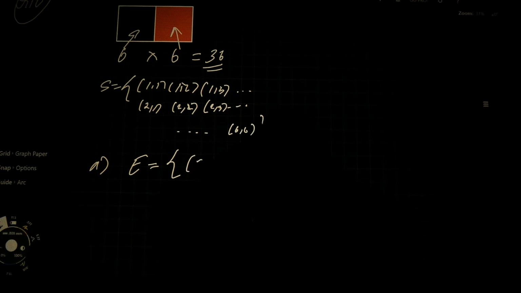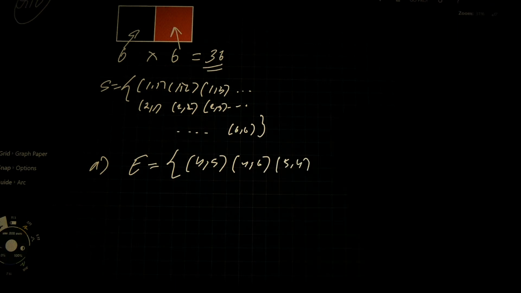Can you take 3,6? No, in that case the sum will be equal to 9. So greater than 9 is 4,5, then 4,6. After that 5,4, 5,5 and 5,6. Then you have 6,6. These are all the possibilities where the sum is greater than 9.